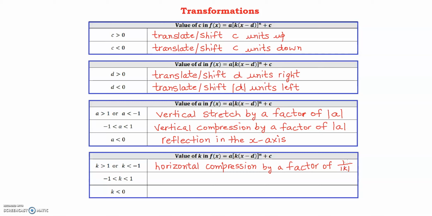When k is between negative 1 and 1, we can say horizontal stretch by a factor of 1 over the absolute value of k. And when k is less than 0, we can write reflection in the y-axis.